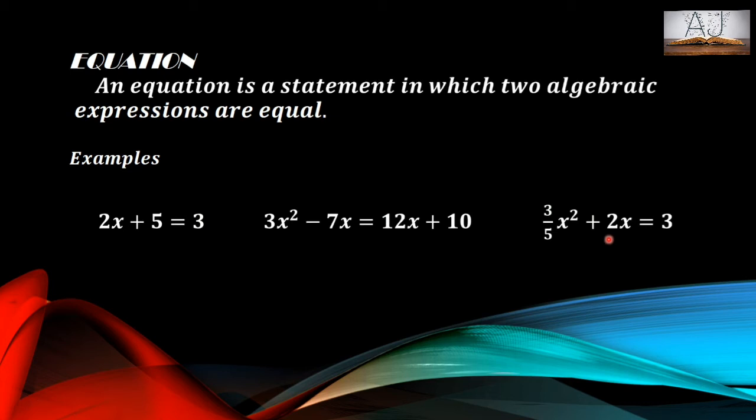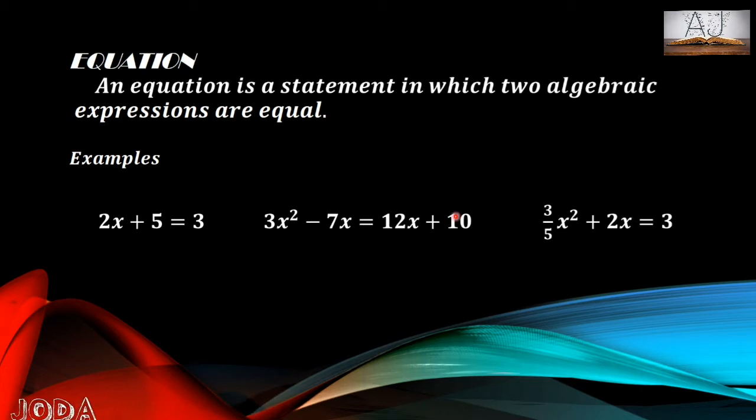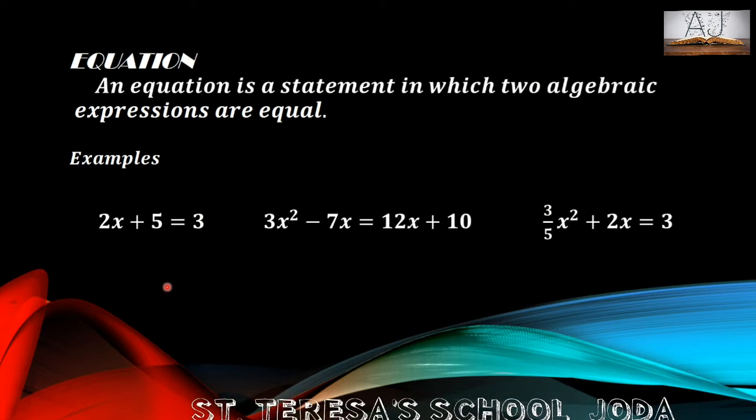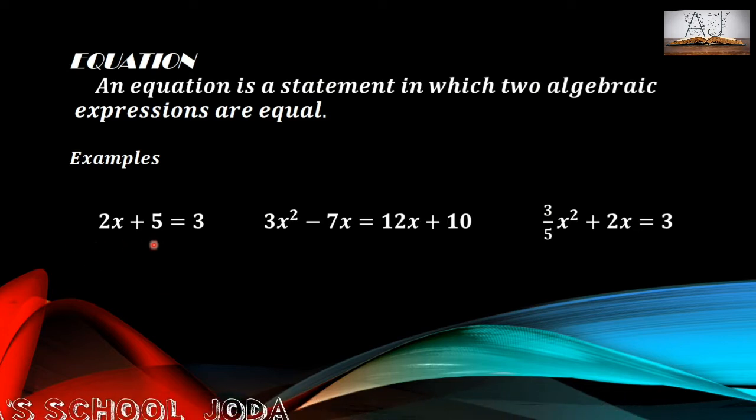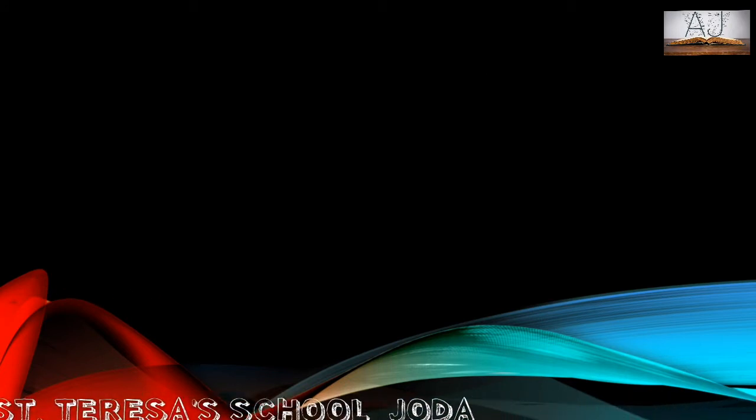Both are equal, therefore it is an equation. Similarly, in this also 3 by 5x square plus 2x and 3x are algebraic expressions and both are equal. Therefore, all these are considered as equations. Okay? I hope you have got the meaning of equations.